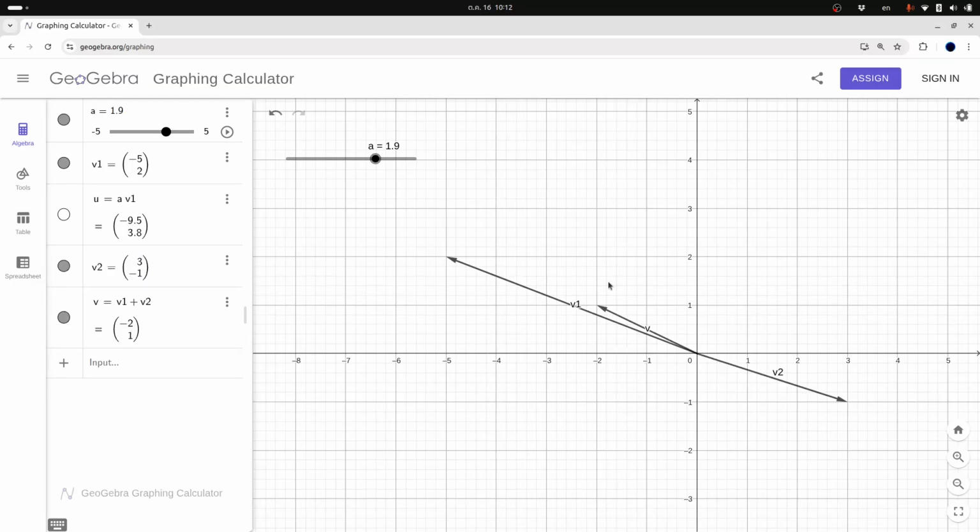So this is the result. When you add two vectors, you add them coordinate-wise. So this is minus 3, you add 3, you get 0. This is 2, this is minus 1, you add them up, you get 1. So this is the resulting vector. You have two vectors, you can add them.